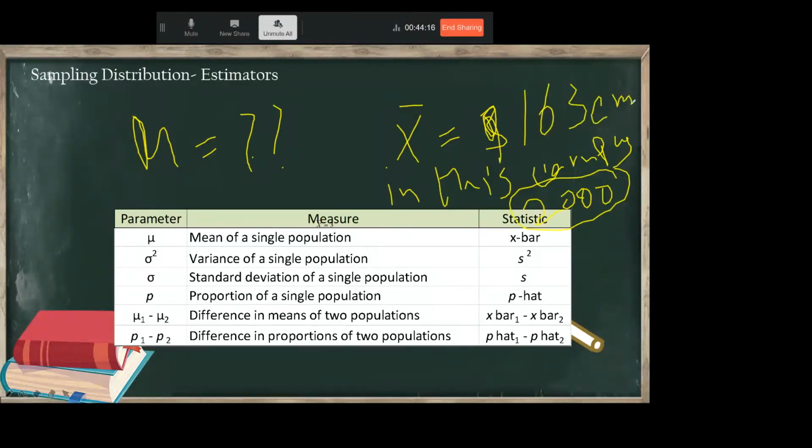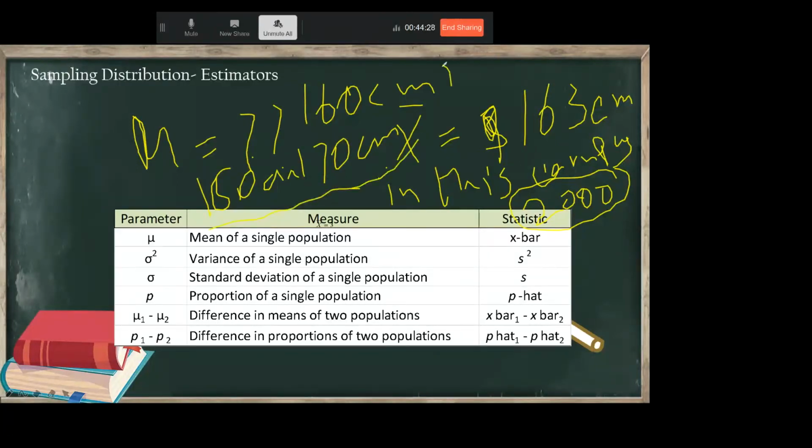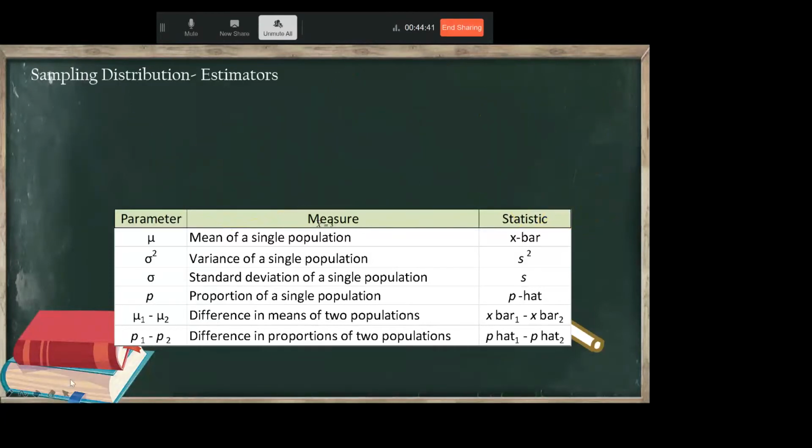Some girl is 160 centimeters, some girl is 170, some girl is 150, right? Say there are three female students in my class, so the average height will be 160. I sum up all and divide. So x bar is the sum of x upon n, right? That gives me 163 centimeters.